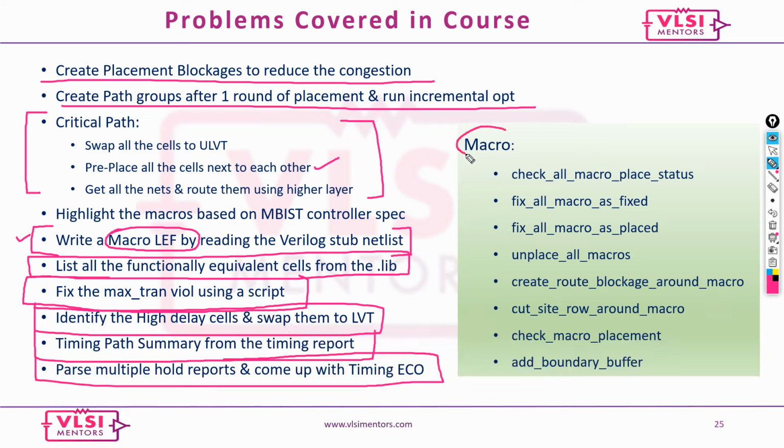And coming to something related to the macro, these are things you can create as procs. So check all macros' placed status, fix all the macros, mark all the macros as fixed, and then change the attribute. You would be learning all of this in the form of a proc. So it's completely practical.